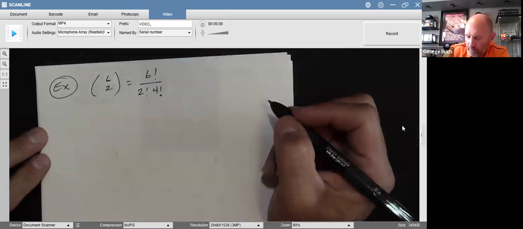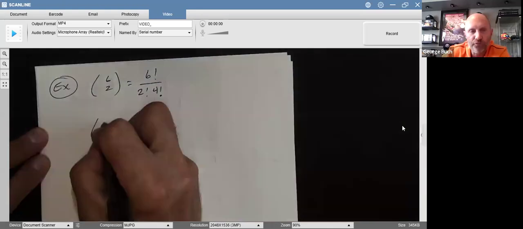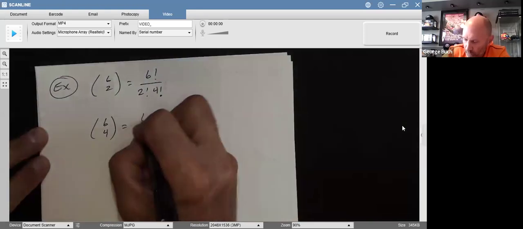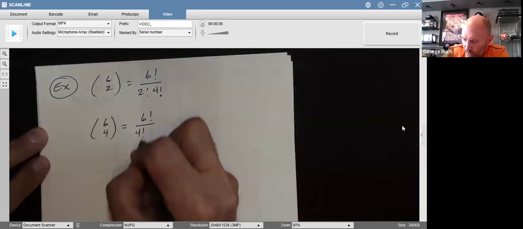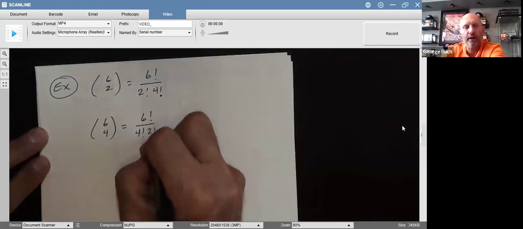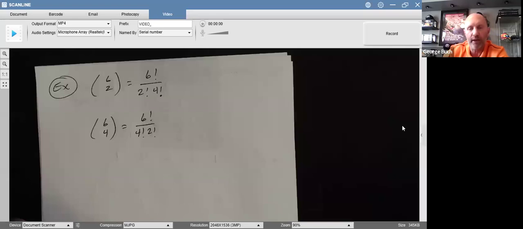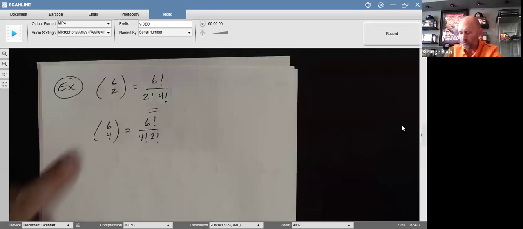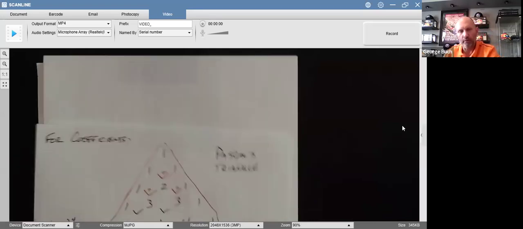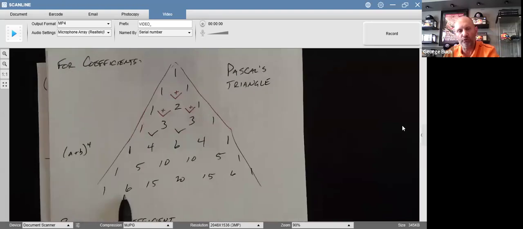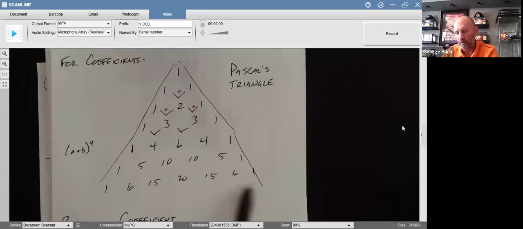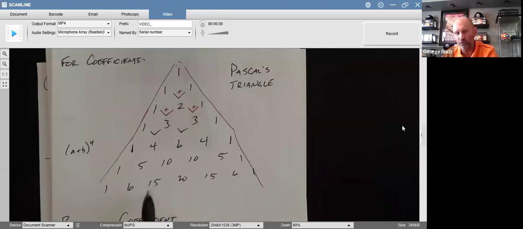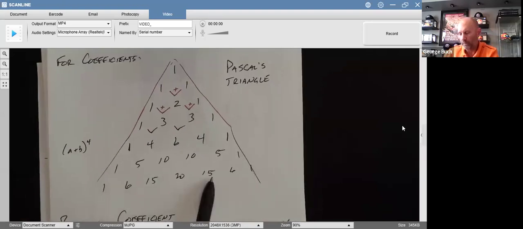So before I calculate this, what if I have 6 choose 4? Well, this is what? 6 factorial over 4 factorial, 6 minus 4 is 2, 2 factorial. These guys are equal to each other. And where does that show up? That shows up back here, Pascal's triangle. So 6 choose 2, 6 choose 4. Same value, just on opposite sides of the triangle.